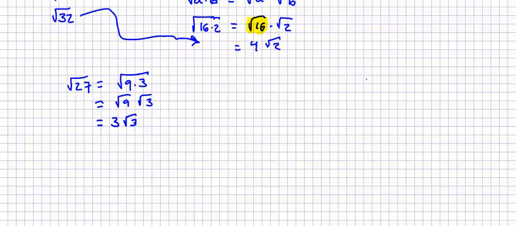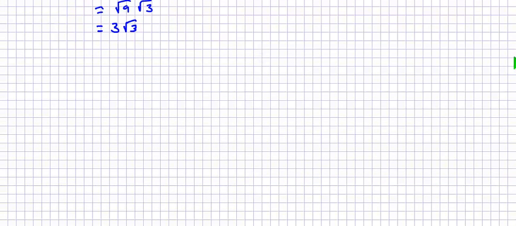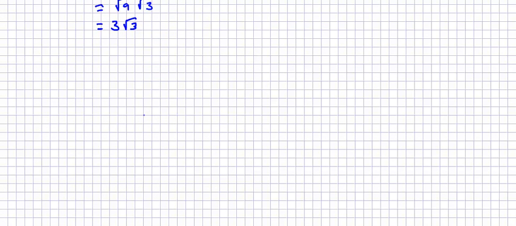All right. Let's look at some cases where we don't know the largest perfect square. For instance, the square root of 180. What is the largest perfect square? Well, I don't know. So we can break up 180, and we've done this before.